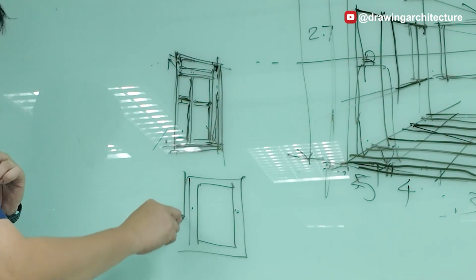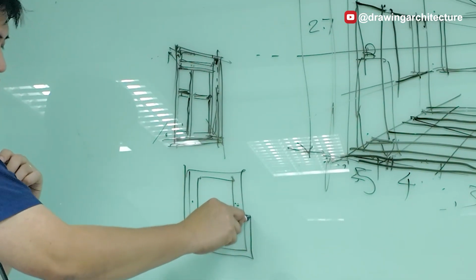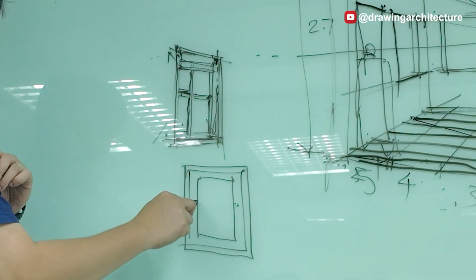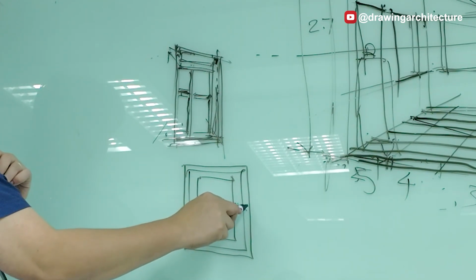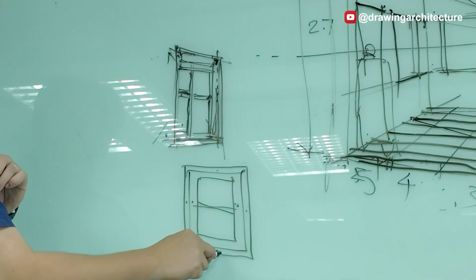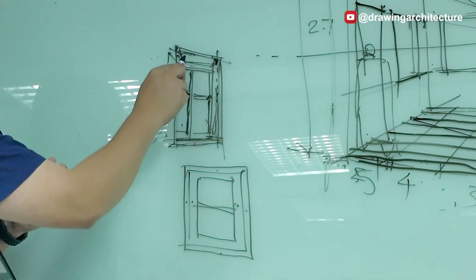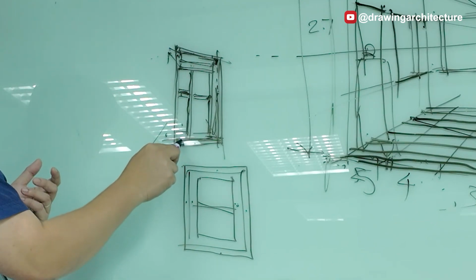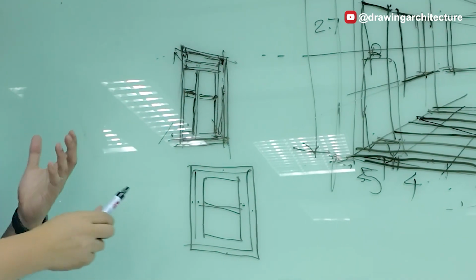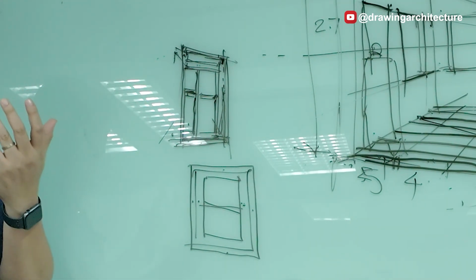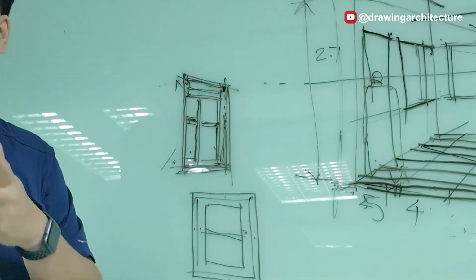Even the frame of the window, right? If you put, like, this is a single window, the frames here, yeah, they're all equal, 50 millimeters, right? But if you draw them, this is slightly thicker, and then this was thinner kasi it's tilted, it's distorted for shortening.